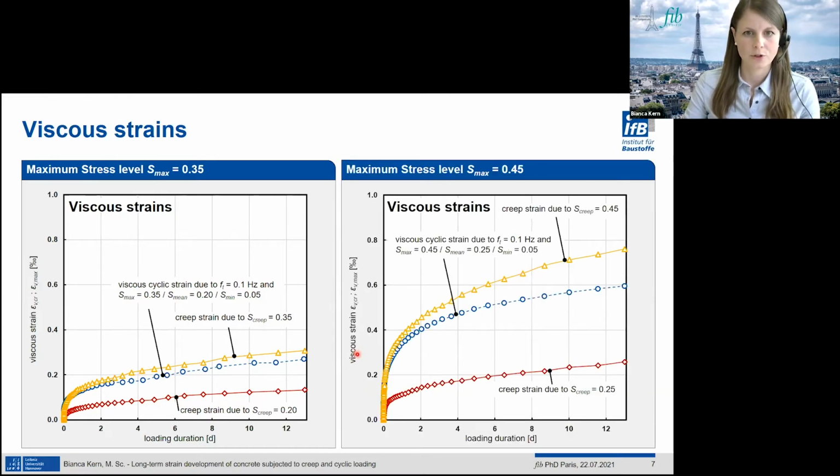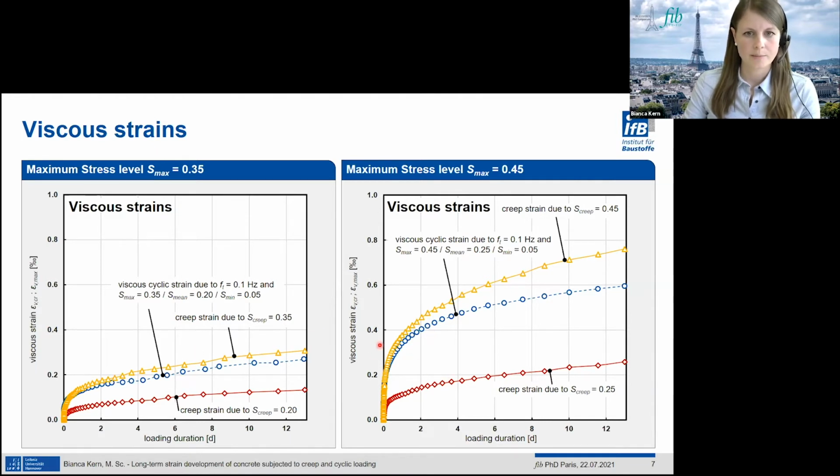Same colors are used to show the results for the higher maximum stress level of 45%. The minimum stress level was unchanged. On both stress levels, the viscous cyclic strain in blue is higher than the creep strain at mean stress level, and instead closer to but below the creep strains at maximum stress level in yellow.